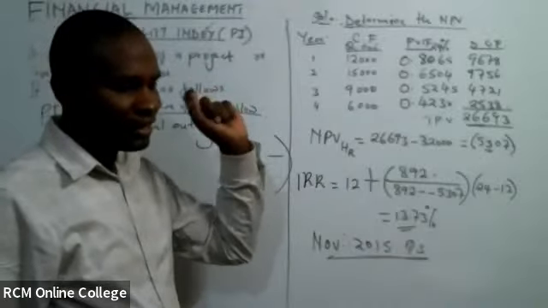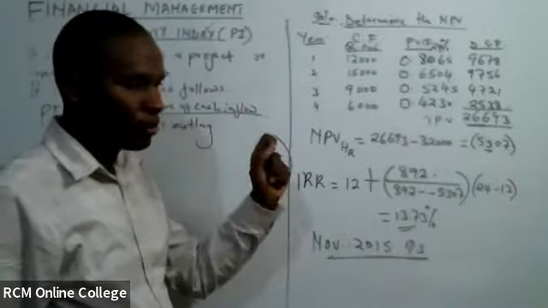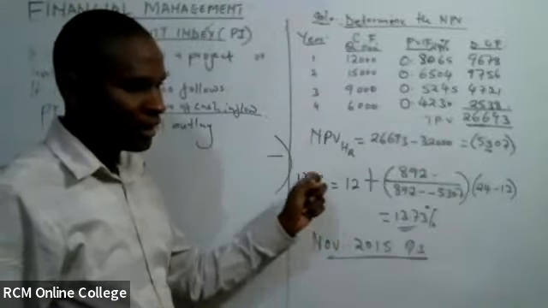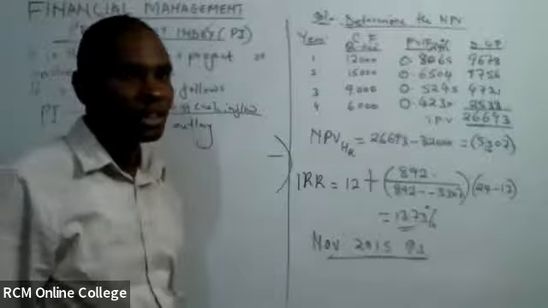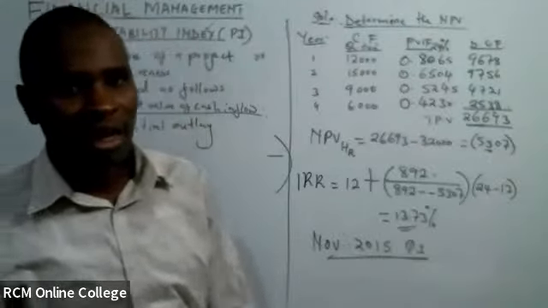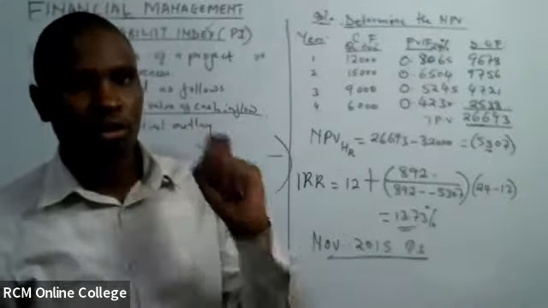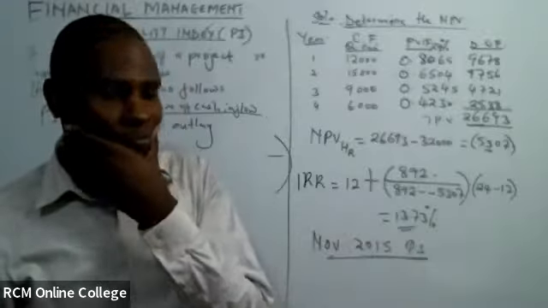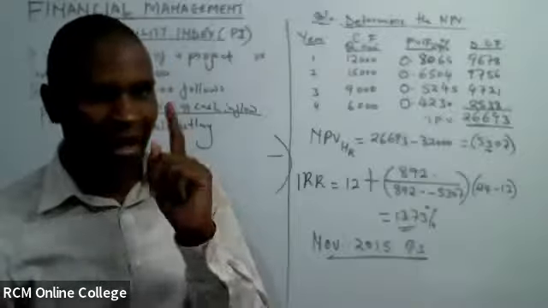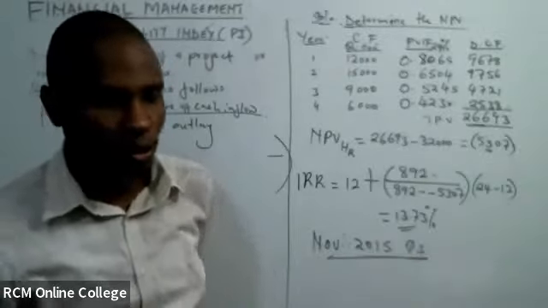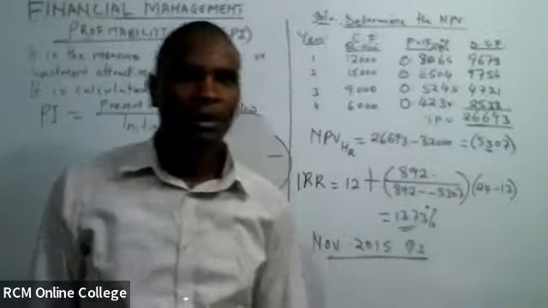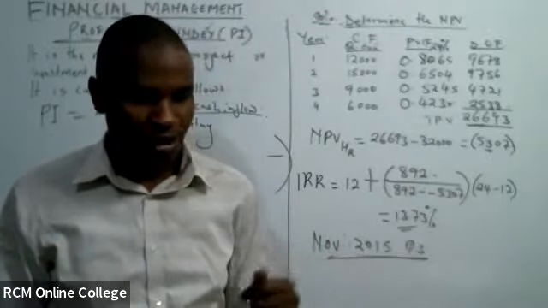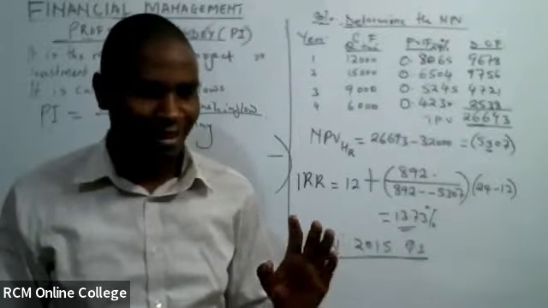For IRR, you can write the interpretation: if the IRR is greater than the cost of capital, accept the project. That is the decision rule.